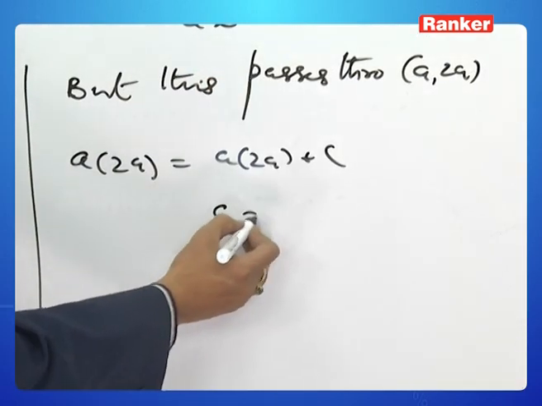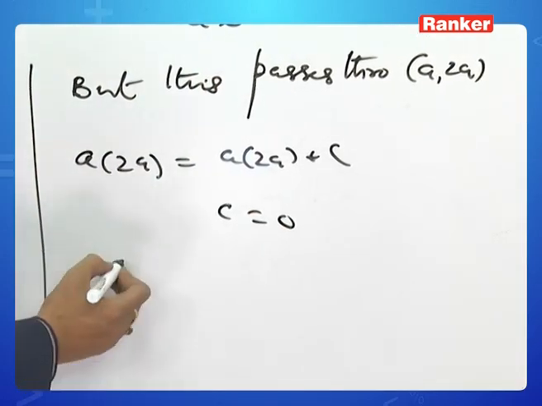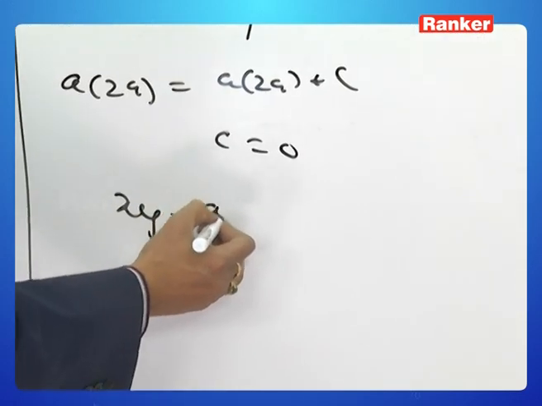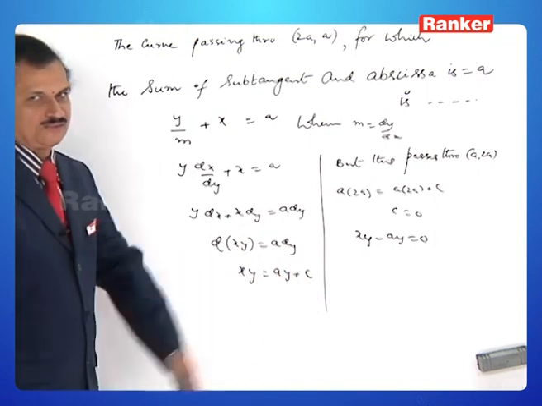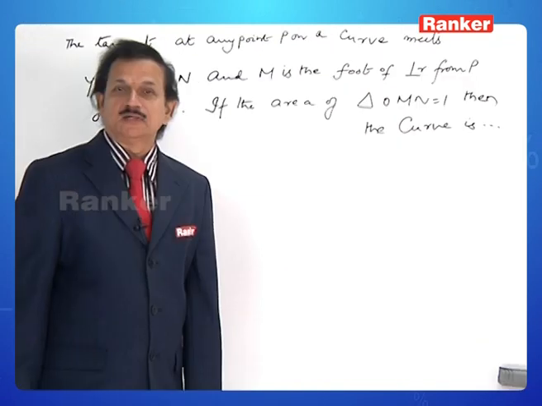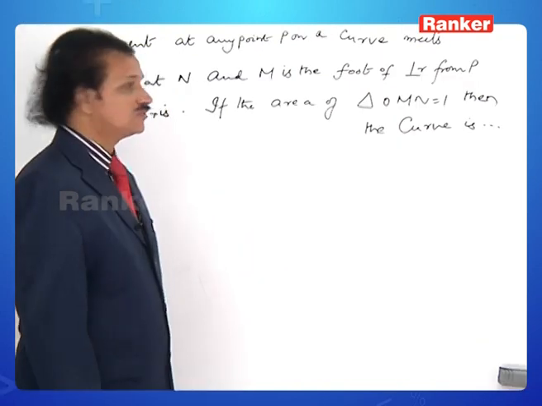So that c is equal to 0. Hence the curve is xy minus ay is equal to 0, or y into (x minus y) is equal to 0 is the curve. Another beautiful problem is waiting for us.